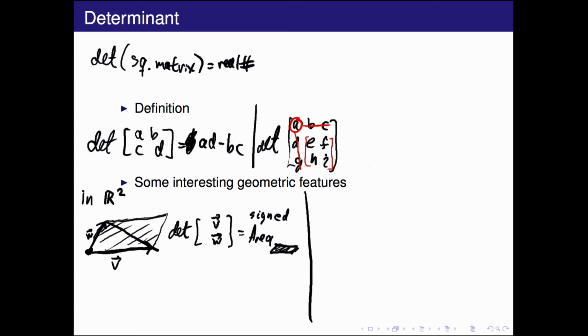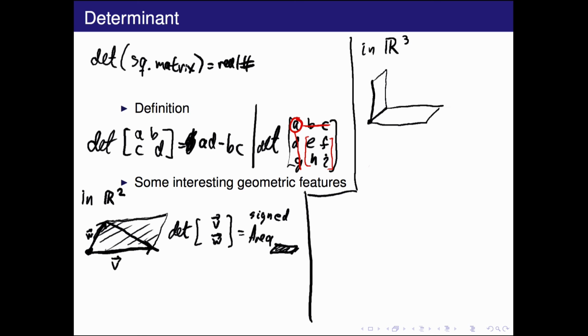All right, on the other hand, if you are in three-dimensional space, the determinant, you can do two things. One is if you have what's called a parallelepiped. So it's a solid which has as its sides parallelograms.